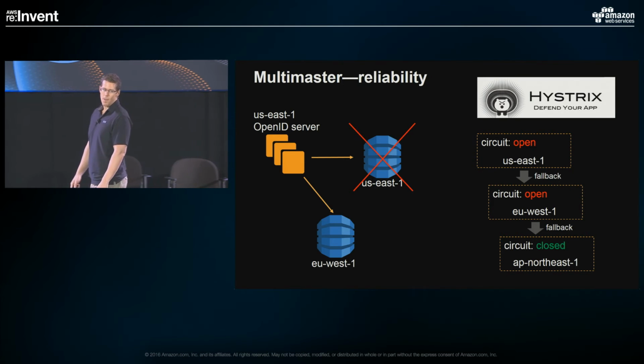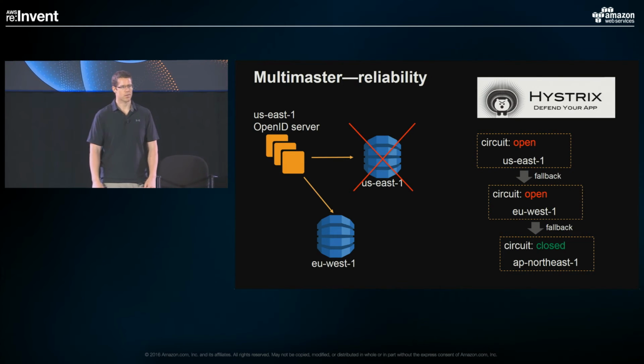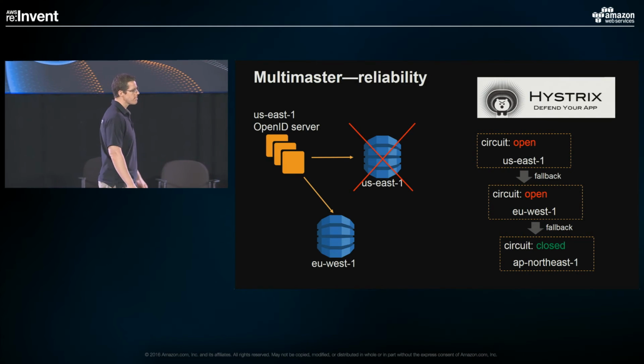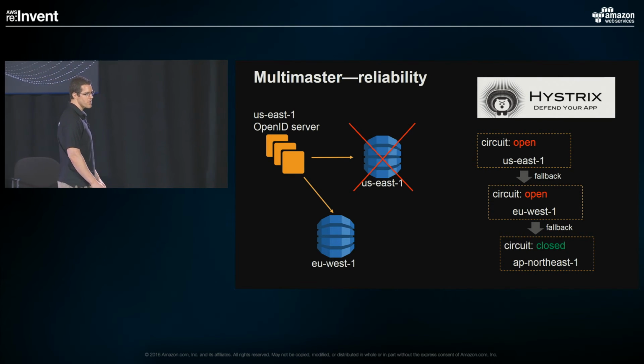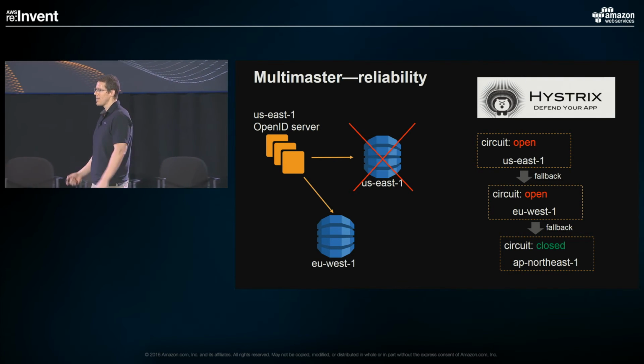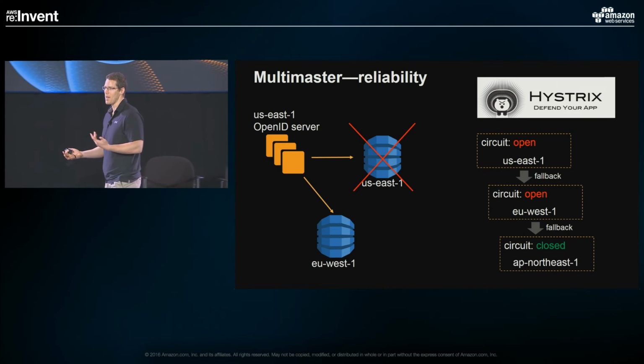We would like to fall back to EU West 1 or some other region even. Unfortunately, doing that implies a multi-master setup. It's no longer a single master topology, but that's the price of having a more reliable application maybe.